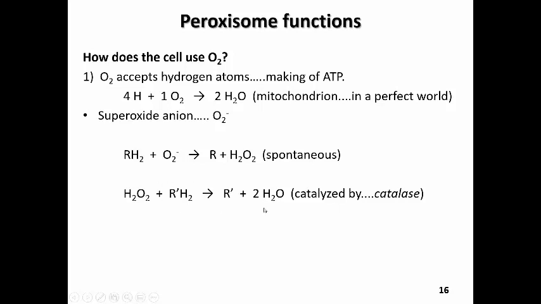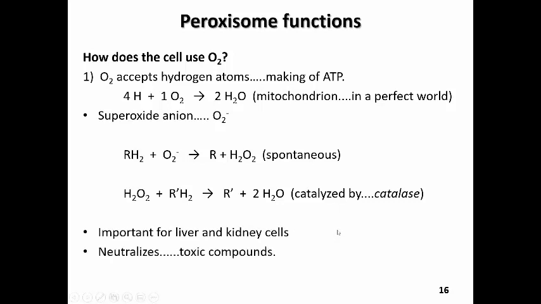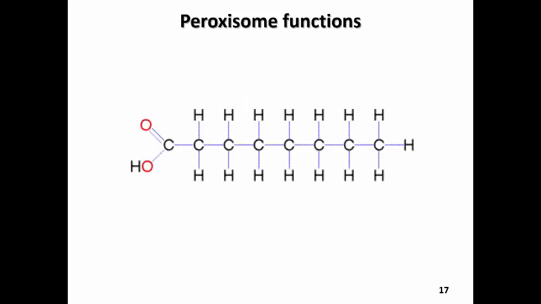This pathway is not spontaneous, but is catalyzed by an enzyme just simply called catalase that originated from the intention to help keep the cell safe by neutralizing O2 negative. And this pathway is particularly important for liver cells and kidney cells and functions primarily to neutralize toxic compounds.